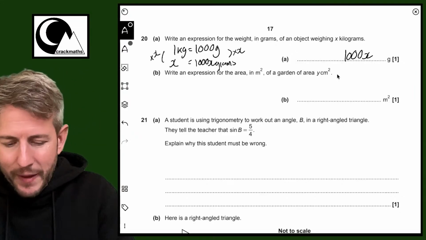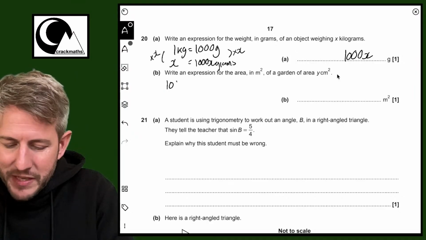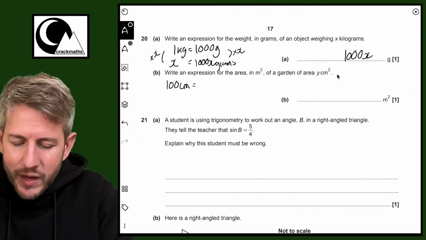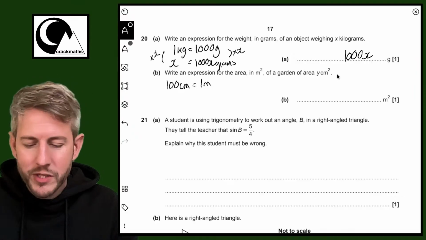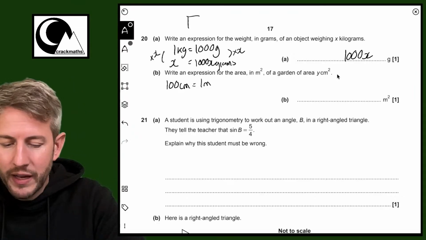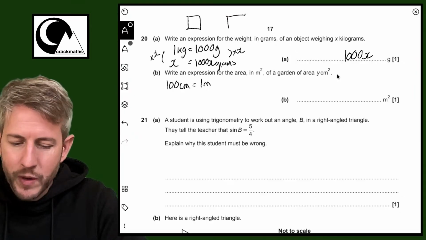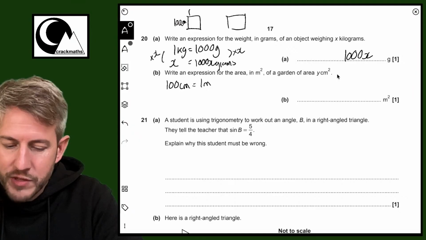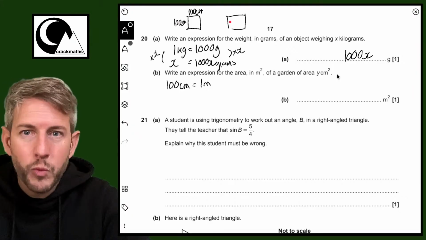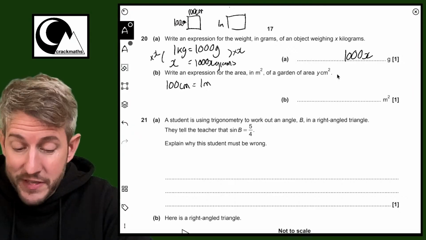So we know that 100 centimeters equals 1 meter. Now, if we imagine we've got two squares here, and this one is 100 cm, and this one here is 1 meter. They're both the same size.